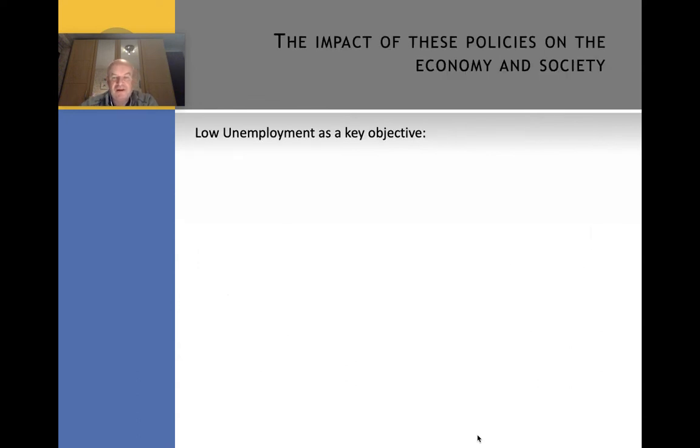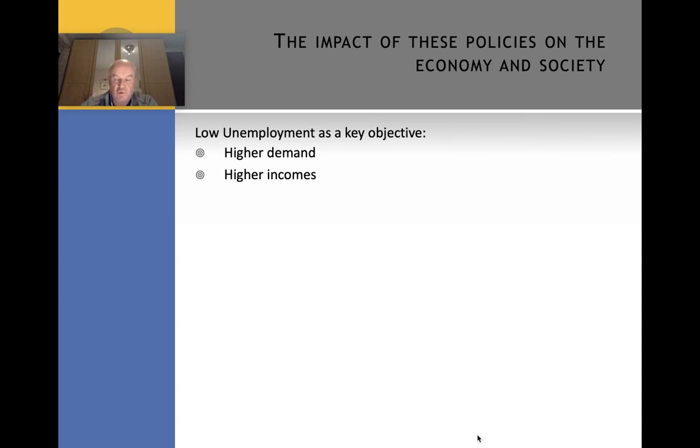So let's take a look at other things that we mentioned previously about the impact of policies on certain parts of the economy. Let's have a look at, in this case, the economy and society, of having an objective of low unemployment. Clearly, in this instance, if we can generate higher demand for goods and services, that should mean that we are going to have more people wanting to buy goods and services.